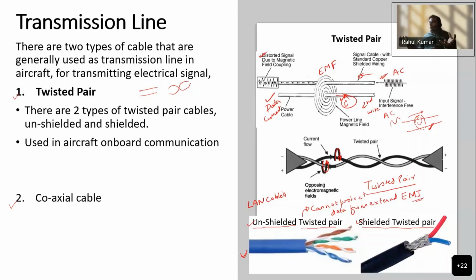And so you would have quite a large amount of electromagnetic fields in the aircraft. So to protect your data from external electromagnetic fields, we use shielded twisted pair. In shielded twisted pair, you have a wire mesh along with your twisted pair.